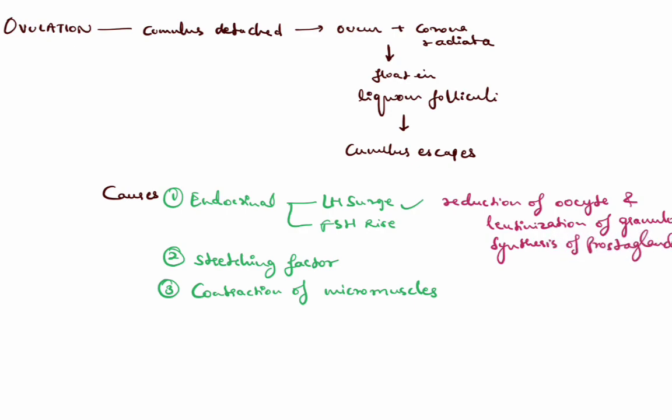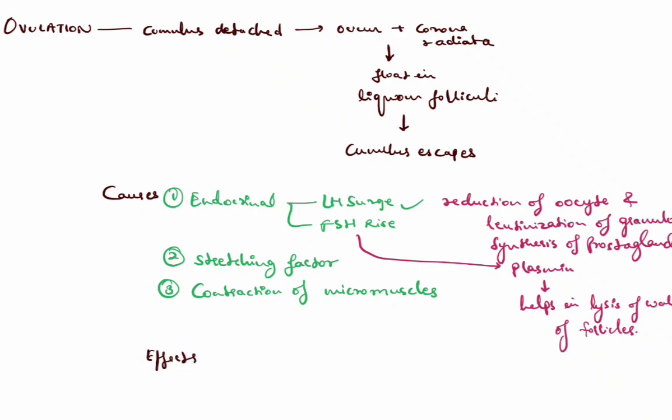This is the important work of LH, that is resumption of meiosis, luteinization and synthesis of prostaglandins, and FSH is responsible for the production of plasmin, which helps in lysis of the follicle walls.